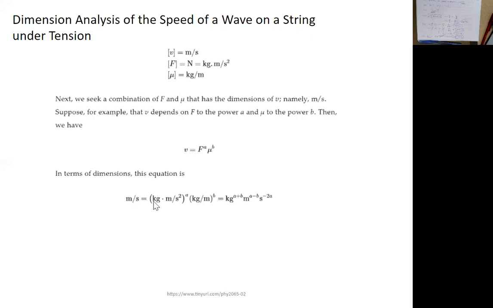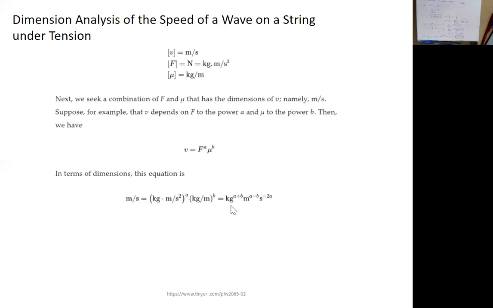For force, it's kilogram times meters divided by seconds squared, raised to the power of A. For mu, it's kilogram over meters, to the power of B. You see there's kilogram in the first parentheses, and in the second set of parentheses there's kilogram too, so you can combine them. Kilogram is raised to the power of A plus B. For meters, the first is to the power A, and the second is to the power of minus B because meters is in the denominator, so meters to the power of A minus B. And then there's still seconds remaining, which should have the power of minus 2A.